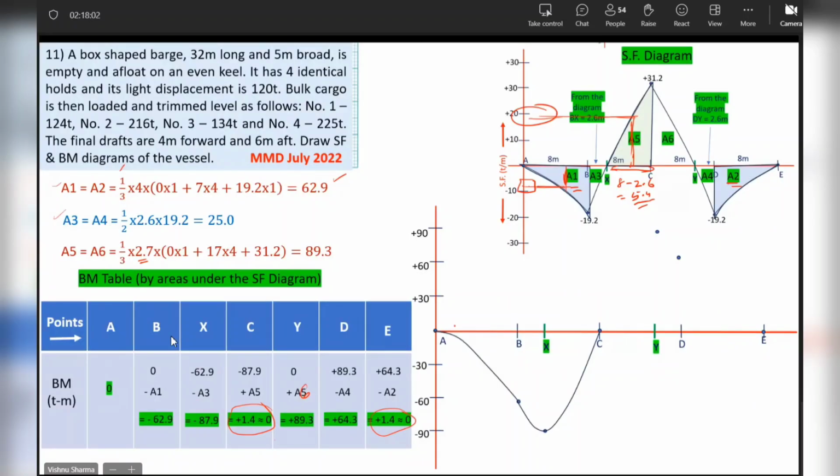Because this is vertex to base, then it is going towards the vertex, so it becomes a little horizontalish, and then from here it starts picking up towards the end, so it goes like this. So this will be the curve from A to C, and from C to E will be an exact replica of it, like this. And this will become the BM diagram for this particular question.